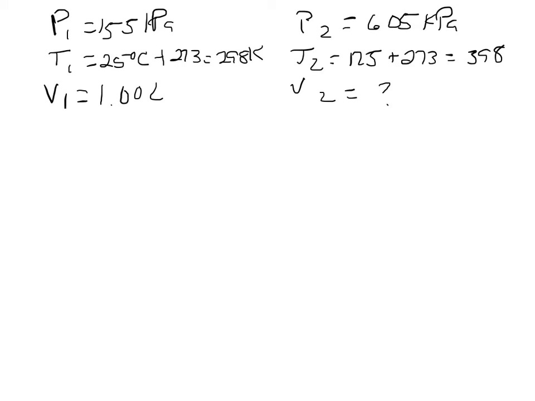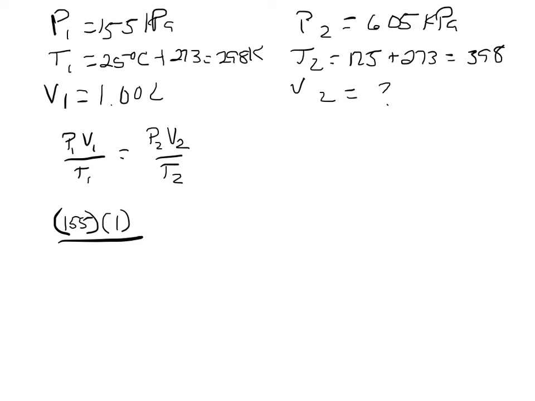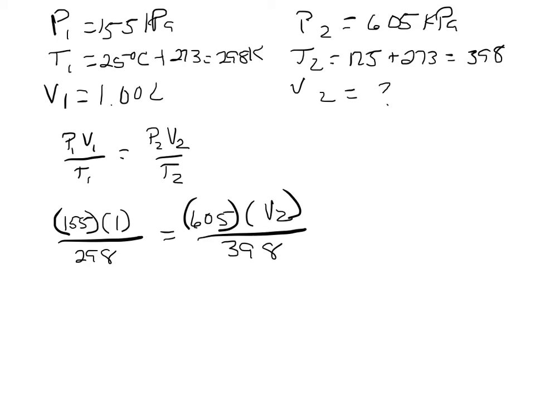So, P1 V1 over T1 equals P2 V2 over T2, and just substitute in everything that you've got. So 155 times 1 over 298 equals P2, 605, times V2, which we don't know, over 398.